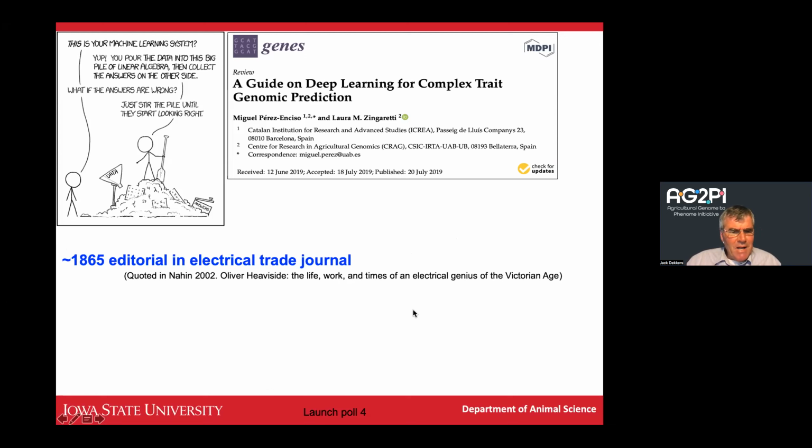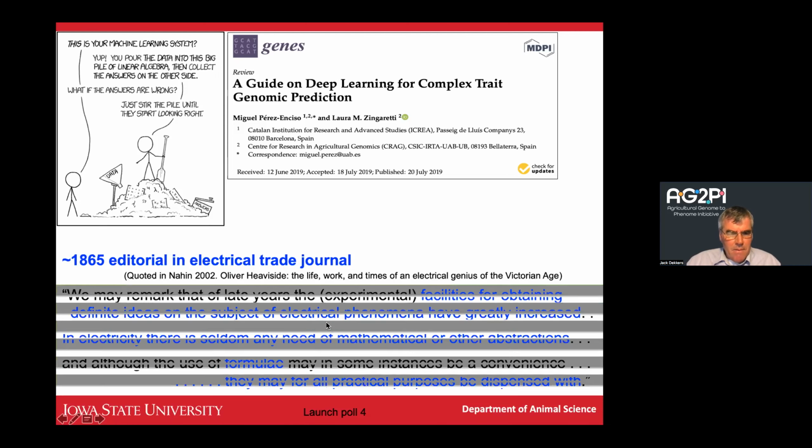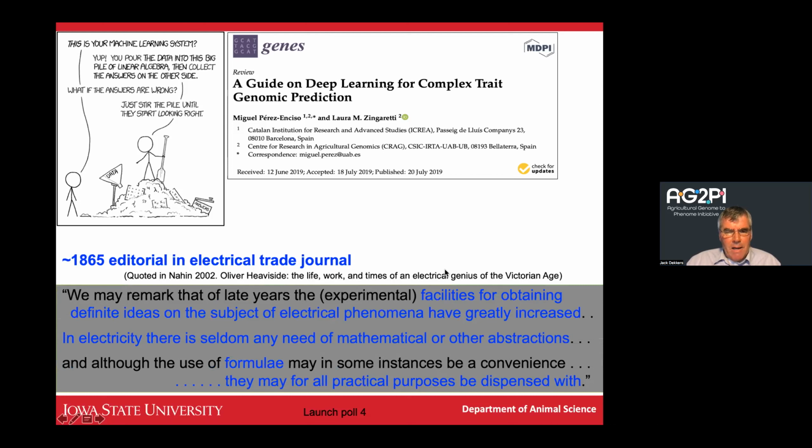Just to get things going, I was able to find a quote that goes back to 1865, from an editorial in an electrical trade journal, from the time when the whole field of electricity and electronics was developing.